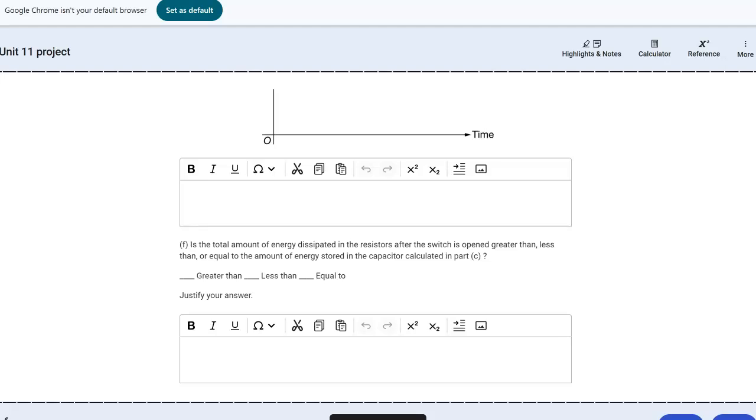So the total amount dissipated would be equal to what we got in part C, 2C V naught squared over 9. That's how I justify it: law of conservation of energy.